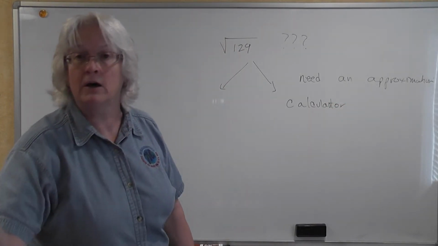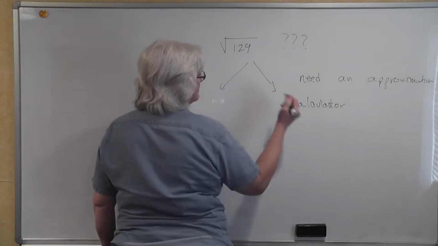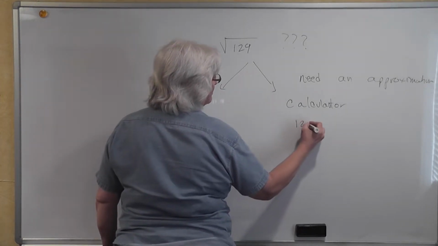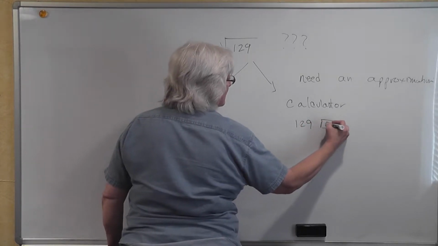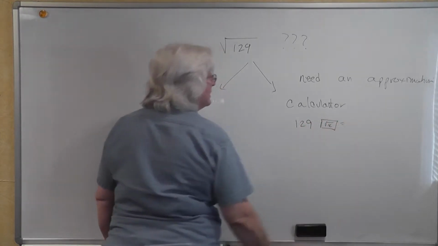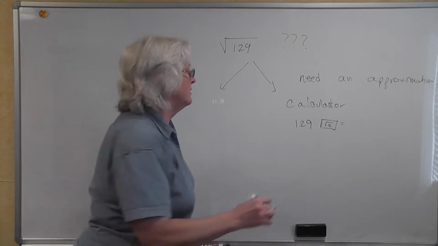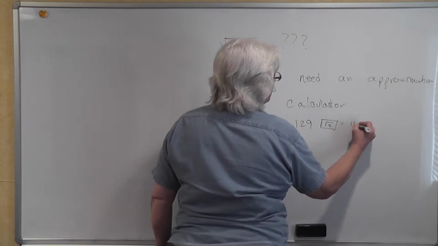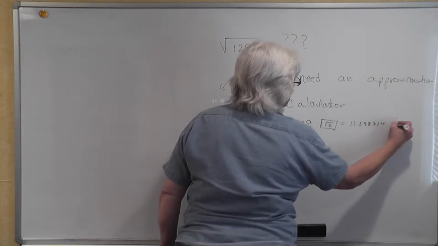I did not bring my calculator, but what you're going to do is punch in 129, and then hit your square root key, and that's going to give you something like 11.238714.